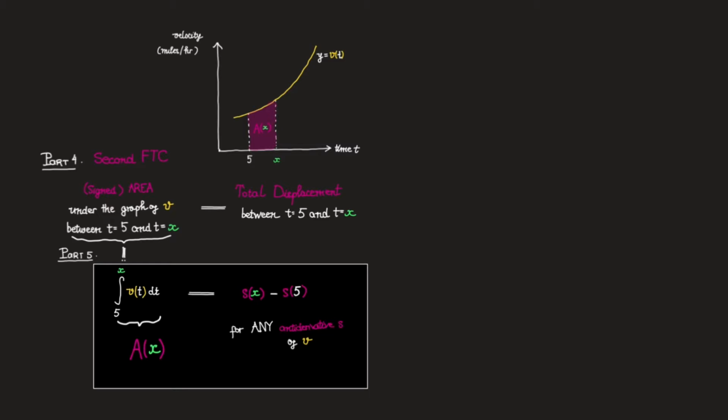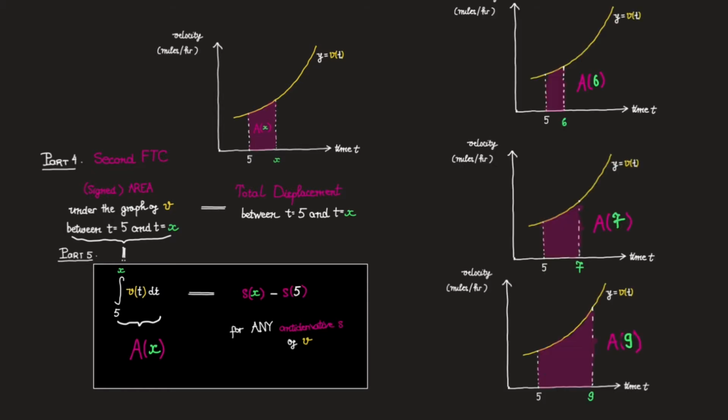But usually, when we use this definite integral notation, many people find it psychologically very difficult to think of this as a function of this upper limit x. So instead, for now, we'll denote this by A(x). Thus, in particular, this area here, between 5 and 6, that's just A(6). This area here is A(7), and this area here is A(9).